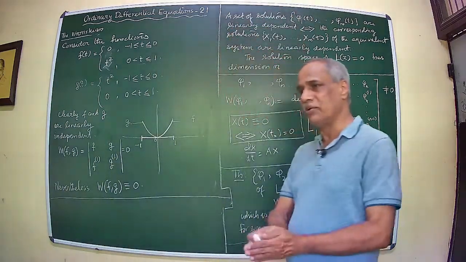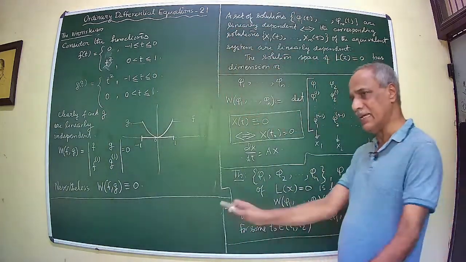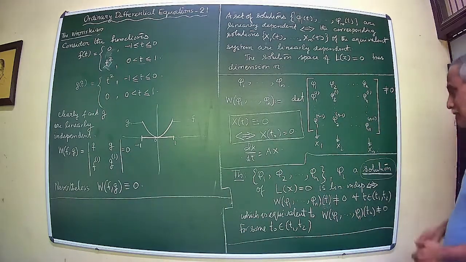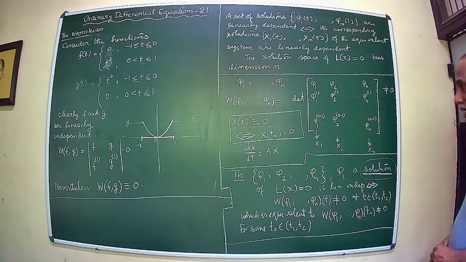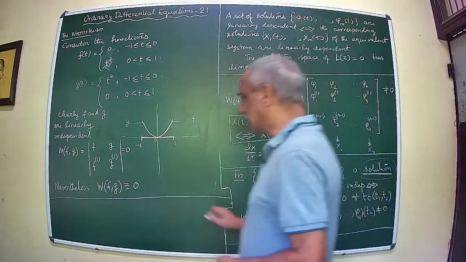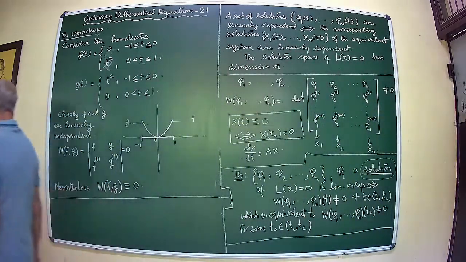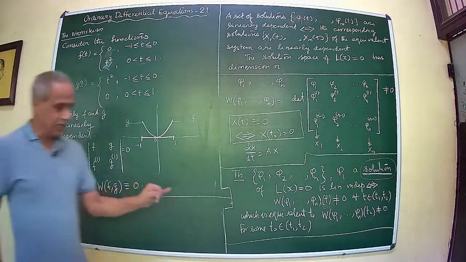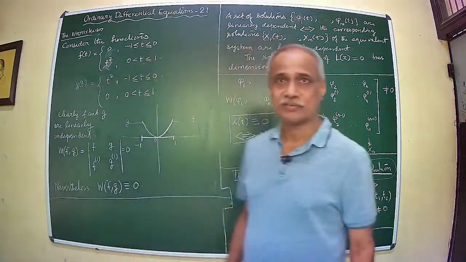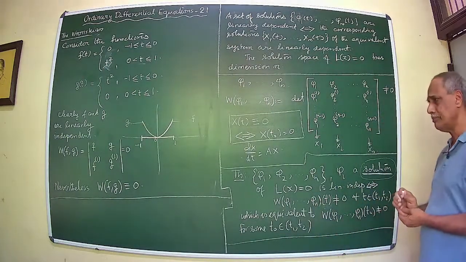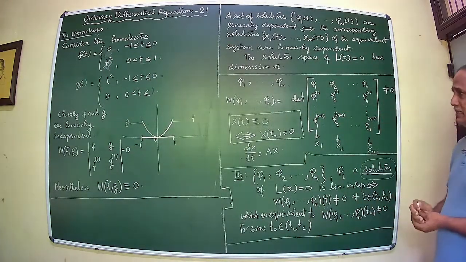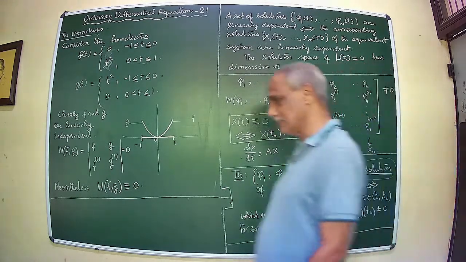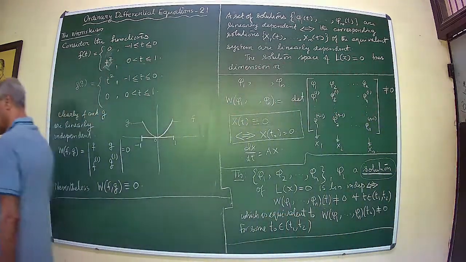If it is 0 at some point, then it is identically equal to 0. This is the important point. Therefore, you might ask the following question: is it possible to use the behavior of the Wronskian to study the linear independence and linear dependence of functions, not necessarily solutions of the equation?